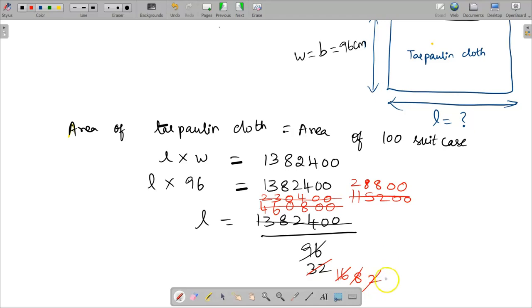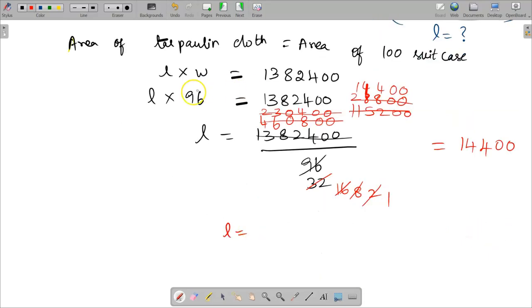Now we can apply two tables. 2 1s are 2, again 2 1s are 2, 4 2s are 8, 4 2s are 8, and then 00 you have. So totally the value is 14,400. The width is measured in centimeter and the area of 100 suitcases is measured in centimeter square. So definitely the length will be in centimeter, because centimeter into centimeter is centimeter square. So it is 14,400 centimeter. This is the length.